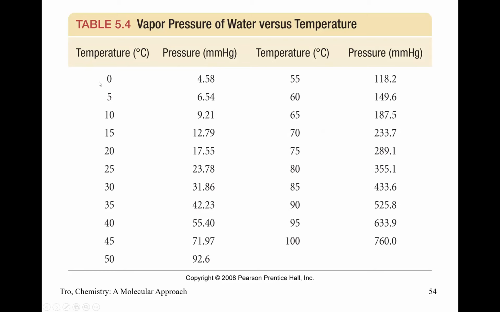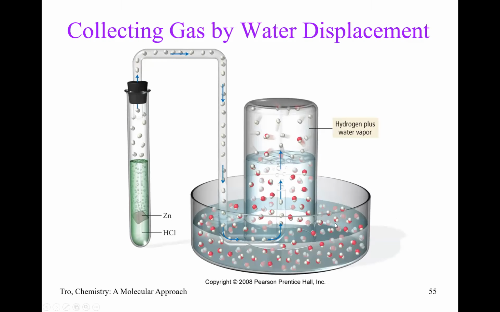You could potentially do them at 0, and you get these different pressures, and then all the way up to 100, assuming sea level, where water boils because the vapor pressure is equal to the atmospheric pressure. If you do some of the more challenging problems where you're not at 25 degrees, you don't use the standard amount, you could use these different amounts. But I'm not going to put one of these on the test.